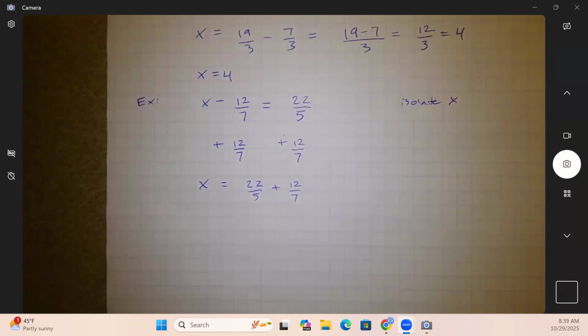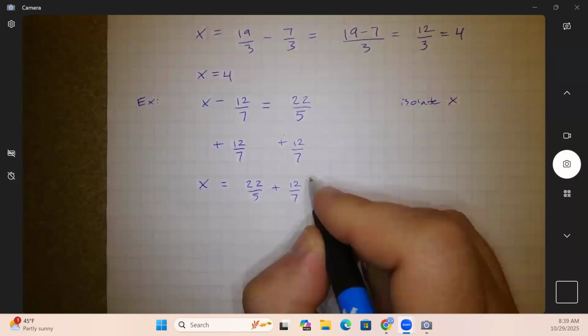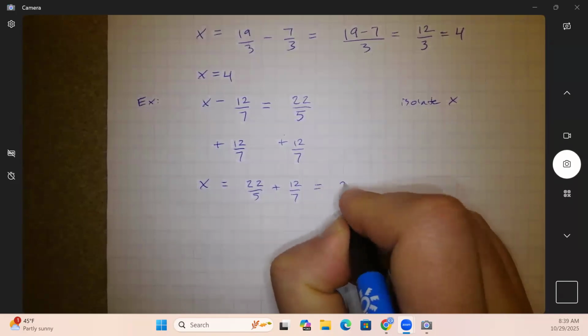And now I go to my fraction reference sheet and I say, how do I add two fractions when they have different denominators? I find the least common multiple, I make them have the same denominators.